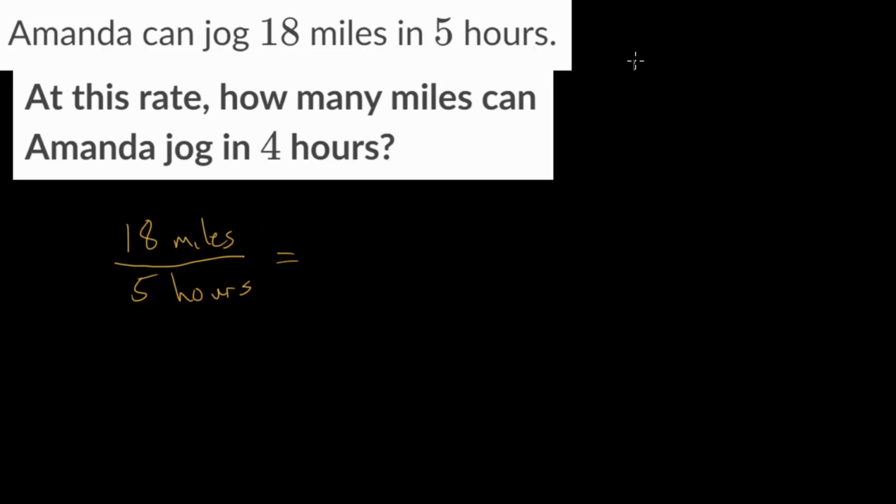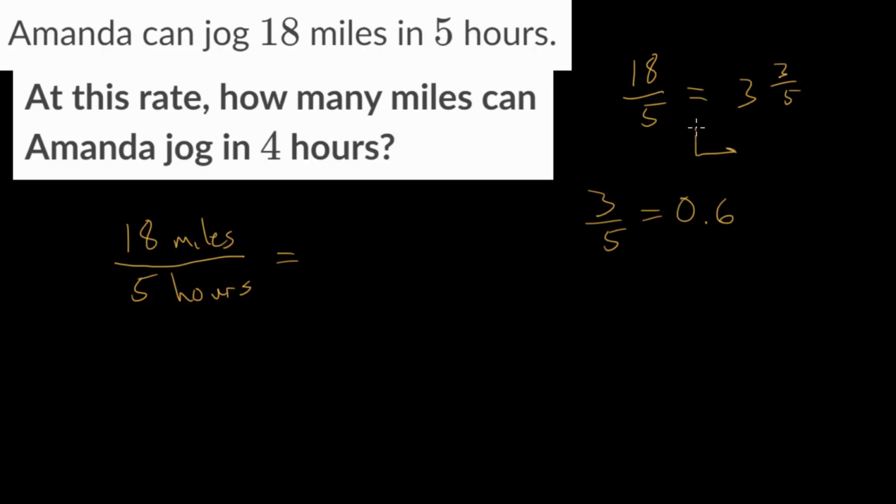We have 18 over 5, and 5 goes into 18 3 whole times, and there is 3 left over, so 18 fifths is really just 3 3/5. And if we want, we can convert 3/5 to a decimal. This is just 0.6. You can use long division to confirm that.